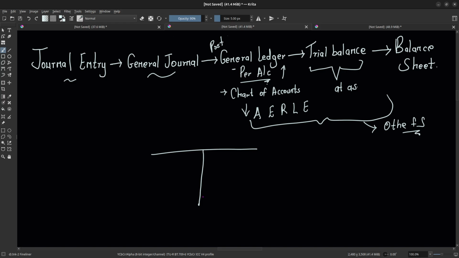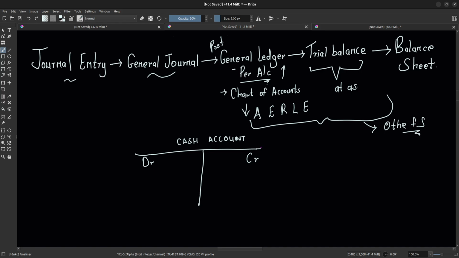The debit is usually on the left side and the credit on the right side, and you have to indicate which specific account it is. If it is a cash account, you just write cash account. Remember, before accounting software came, accounting used to be written on paper, so these things needed to be clear and well written for someone to see how transactions are happening.